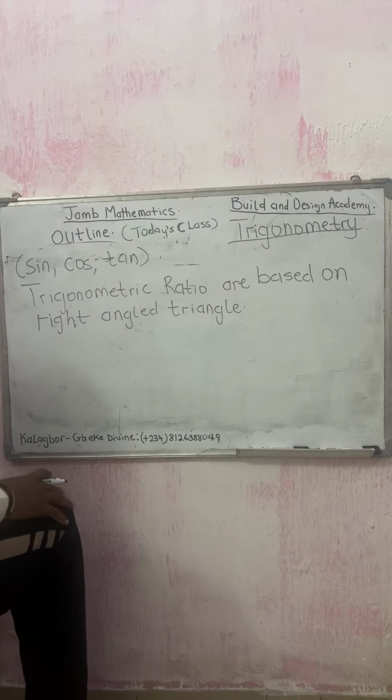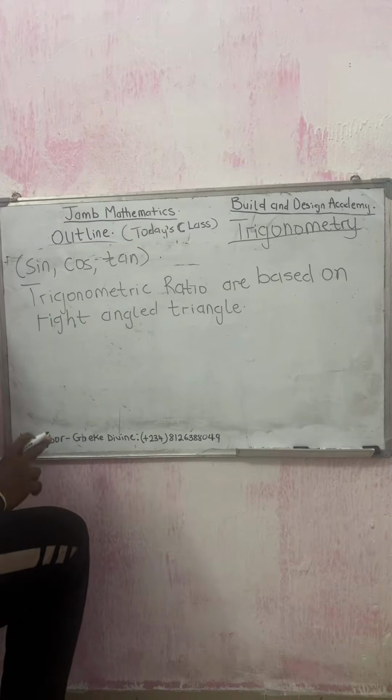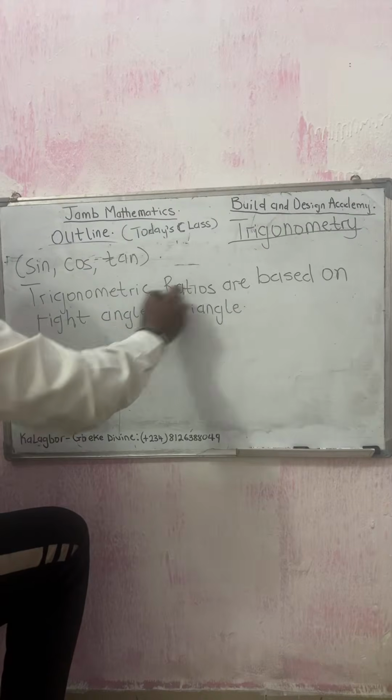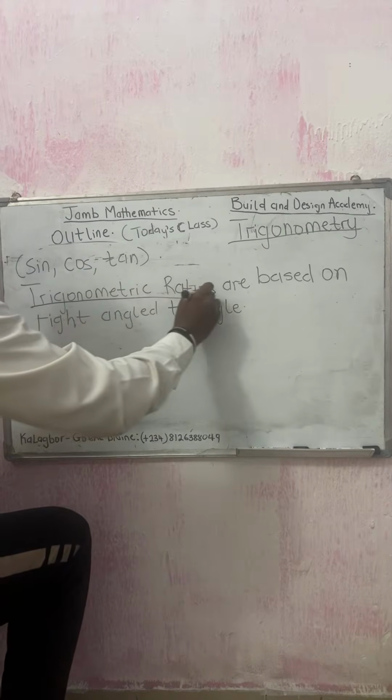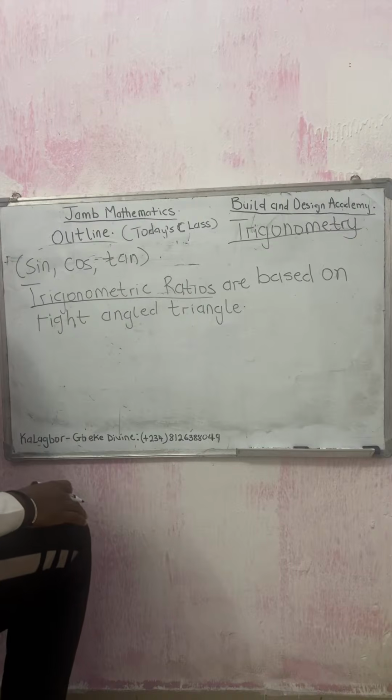That's the first thing you need to know: trigonometric ratios are based on right angle triangles.